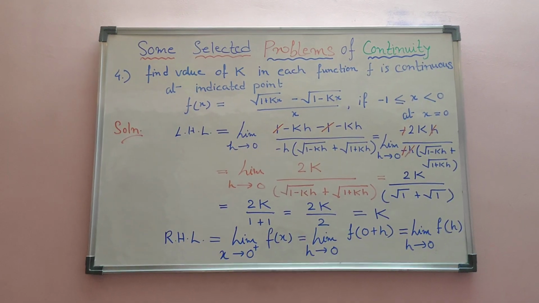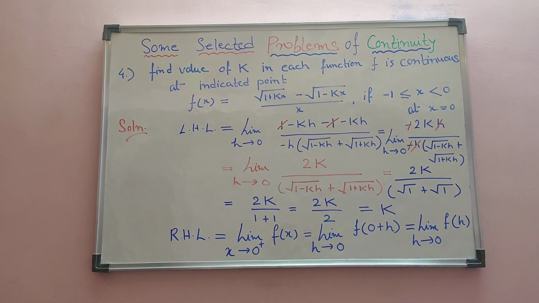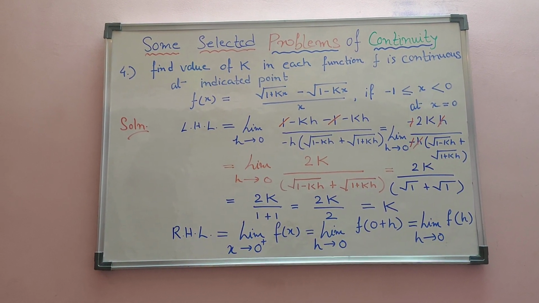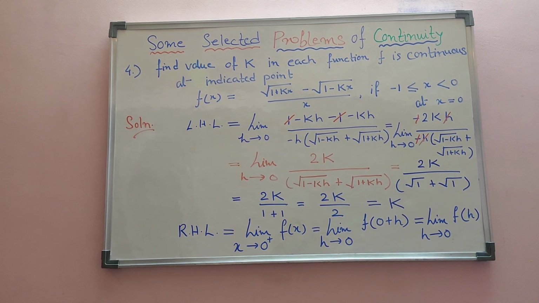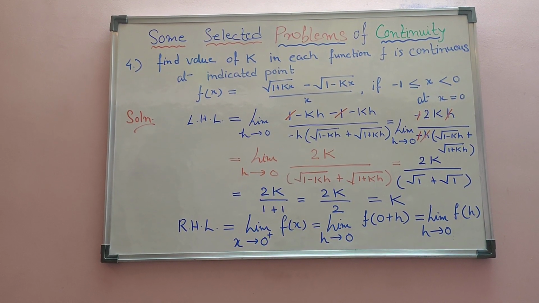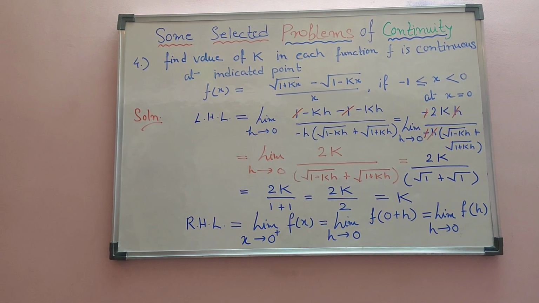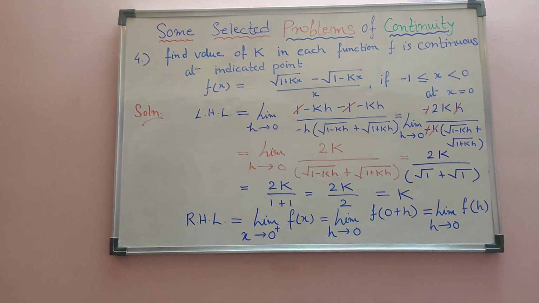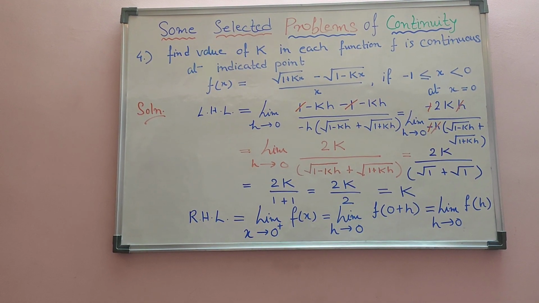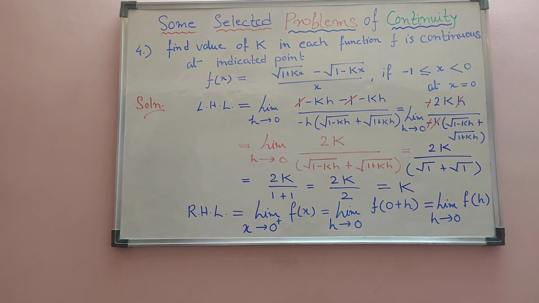Now simplify the value. It becomes 1 minus kh minus 1 minus kh. So 1 and minus 1 will be cancelled out. Minus kh minus kh becomes minus 2kh upon minus h inside the bracket square root of 1 minus kh plus square root of 1 plus kh.